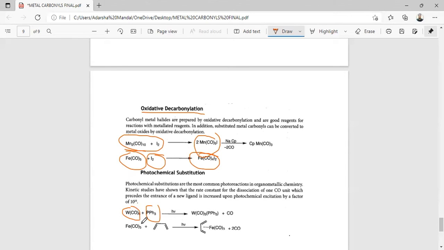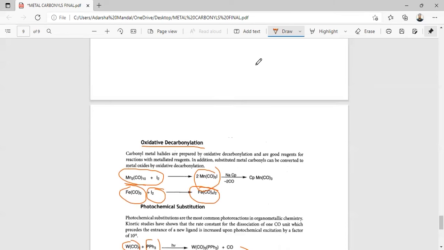Also Fe(CO)5 reacts with 1,3-butadiene. Upon photoirradiation, two molecules of carbonyl are substituted to form this Fe(CO)3 complex. So this is the overall idea about the metal carbonyl bonds. So thank you.